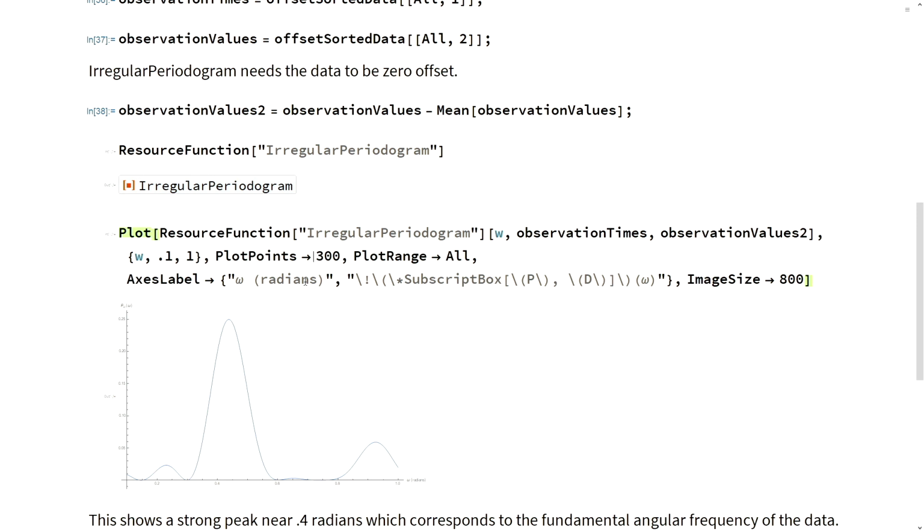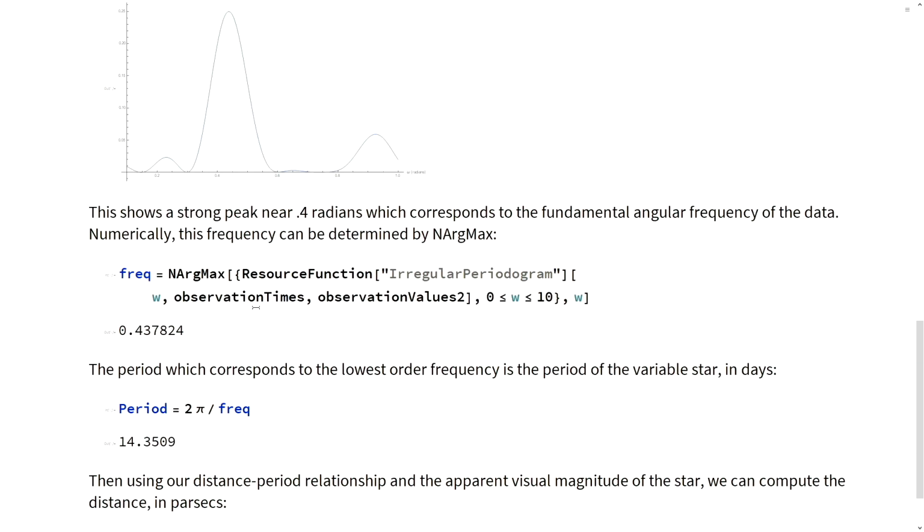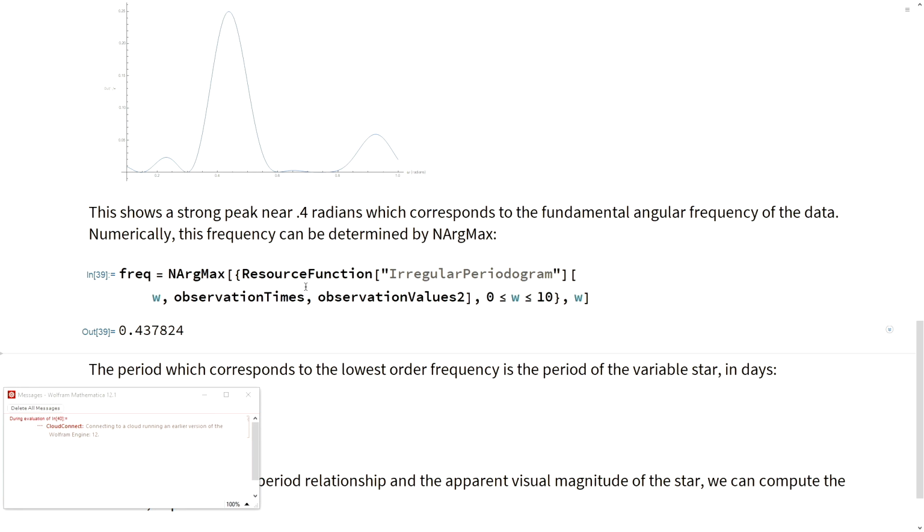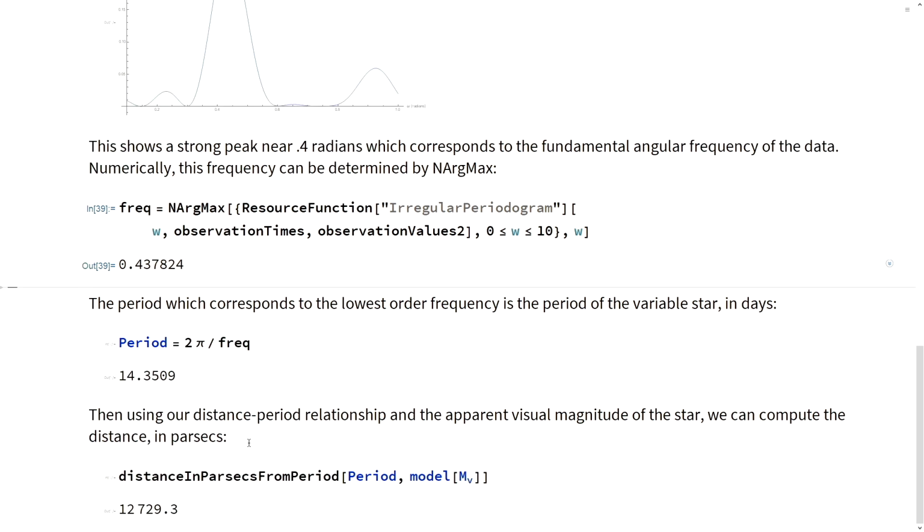We can use Mathematica to determine the exact position of that peak, and it's 0.437824 radians. And the period, you can see, is about 14.35 days, which is what we saw from the chart up there when I plotted it.